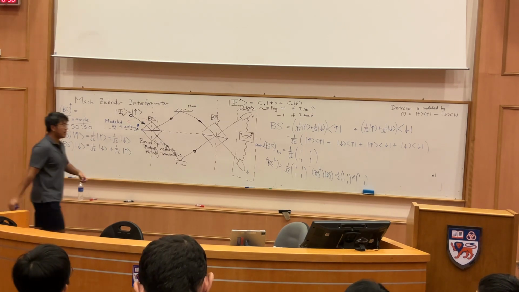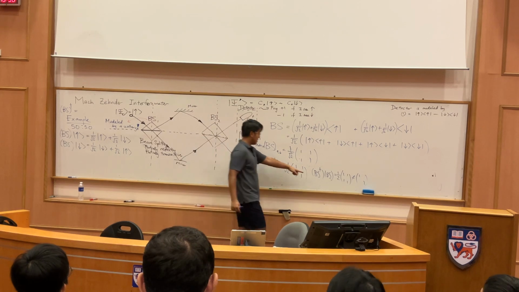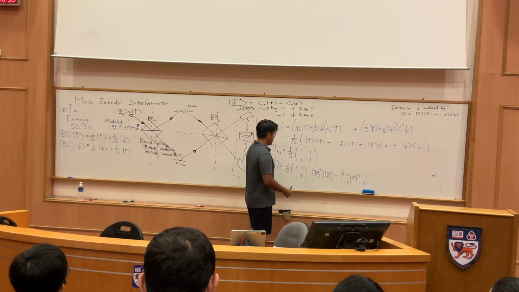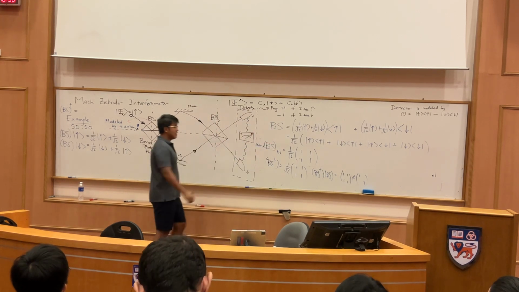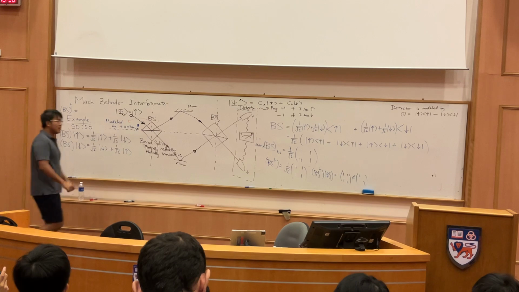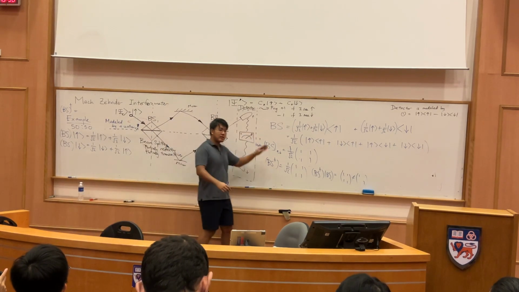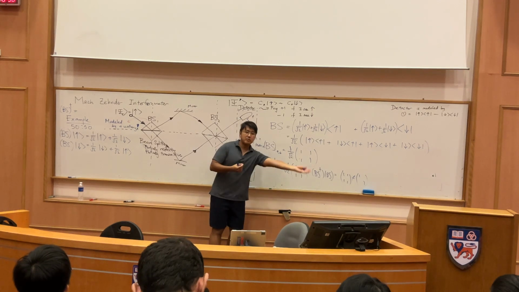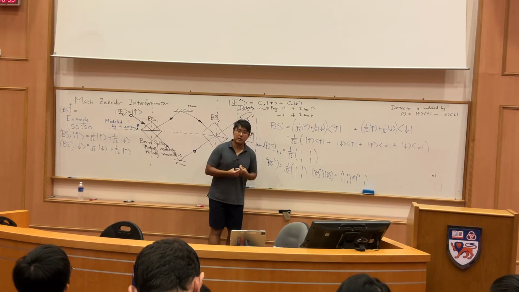Did I make a mistake? I guess maybe it's actually just this. Okay, so clearly this is not right because this beam splitter destroys state. Another way to see this is that if it were unitary, it would take in a physical state and send it to a physical state. You'll never destroy it.